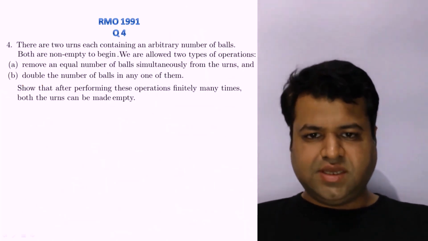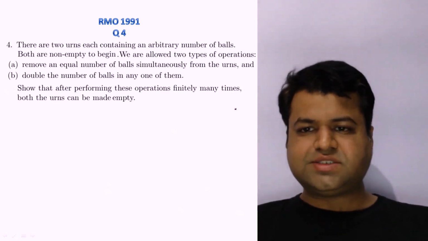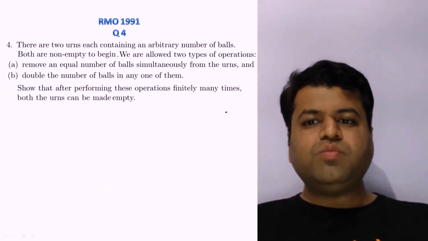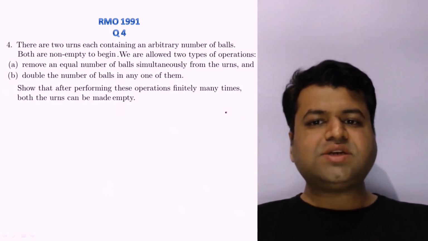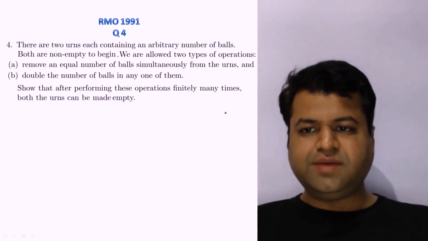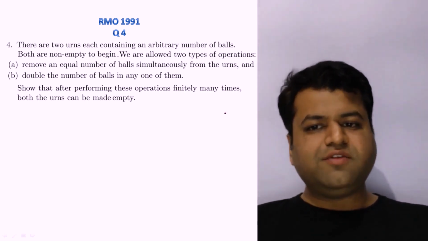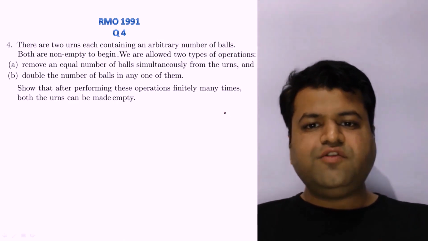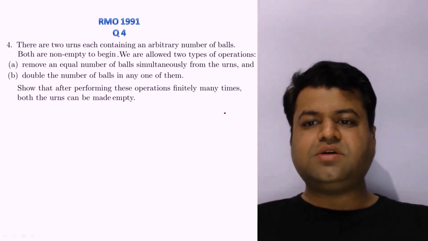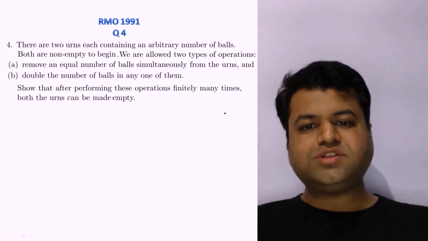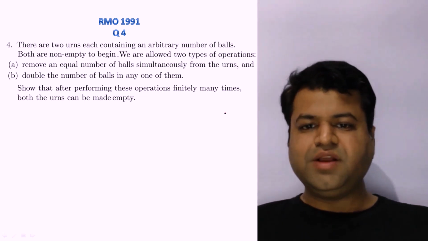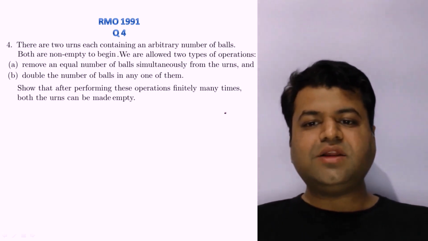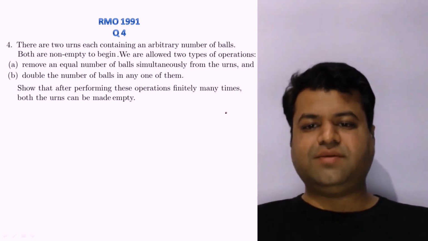This seems to be a big question. Let's study the question first. There are two urns, each containing an arbitrary number of balls. Both are non-empty to begin with. We are allowed two types of operations: remove an equal number of balls simultaneously from the urns, or we can double the number of balls in any one of them.